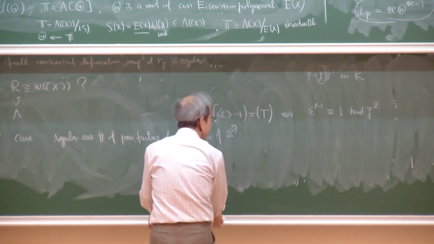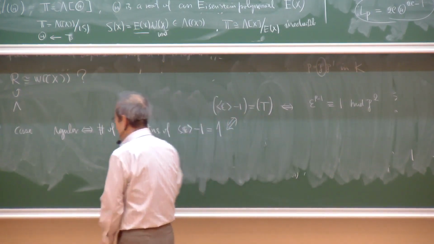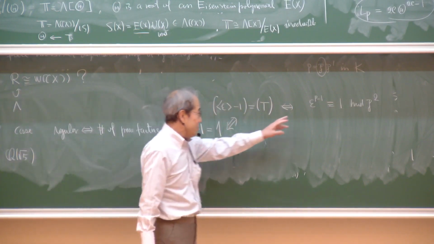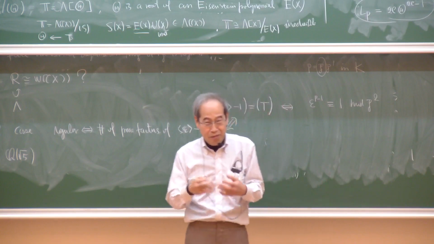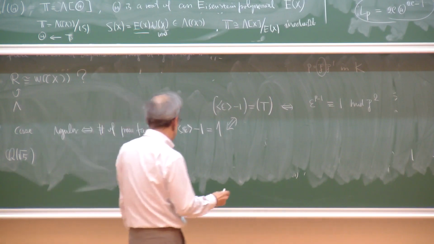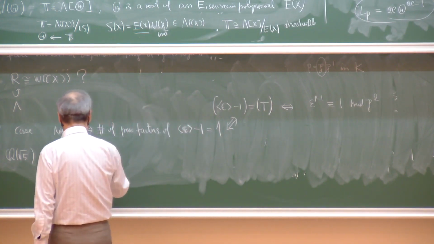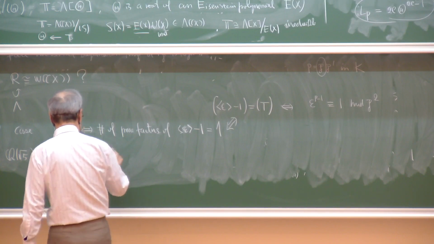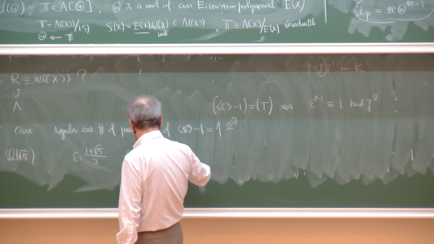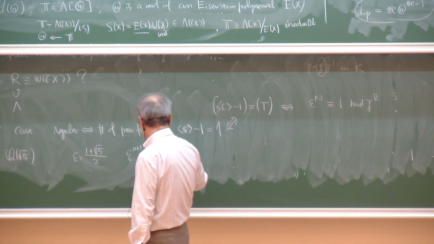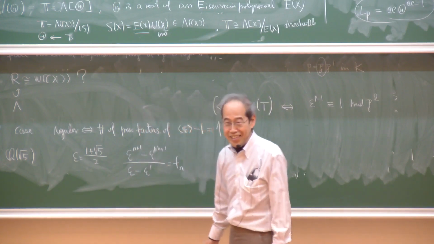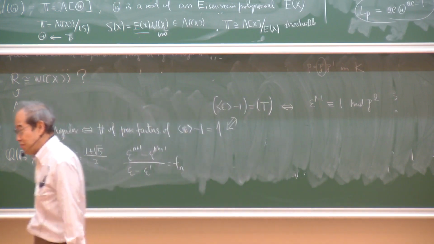And when this happens, for example, for Q square root of 5, you can easily compute this by using the Fibonacci thing, right? Fibonacci number is essentially epsilon to the n plus 1 minus epsilon conjugate to the n plus 1, over epsilon minus epsilon conjugate. That is the Fibonacci number. And by this, you can easily compute that.